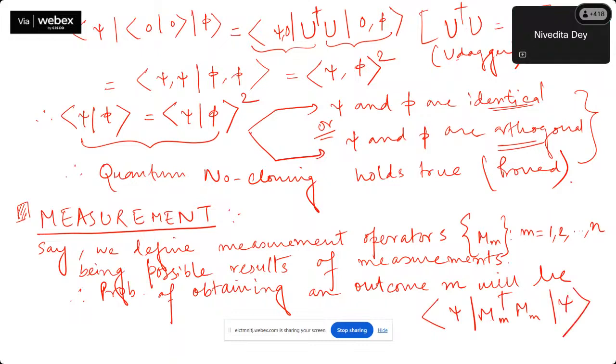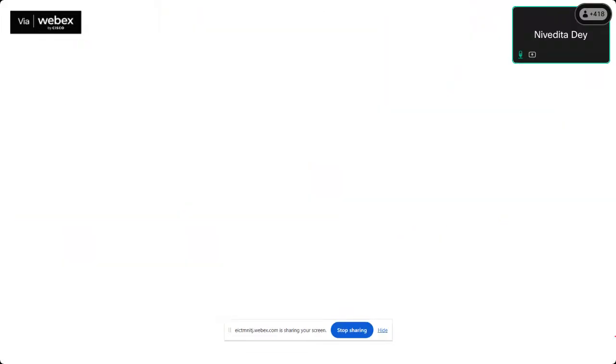With an example we will look. This is very easy. It might look like this, but whenever we see it with an example, you can understand it better. But this is the probability of obtaining a particular outcome m. And since all measurement outcomes must satisfy the completeness equation.